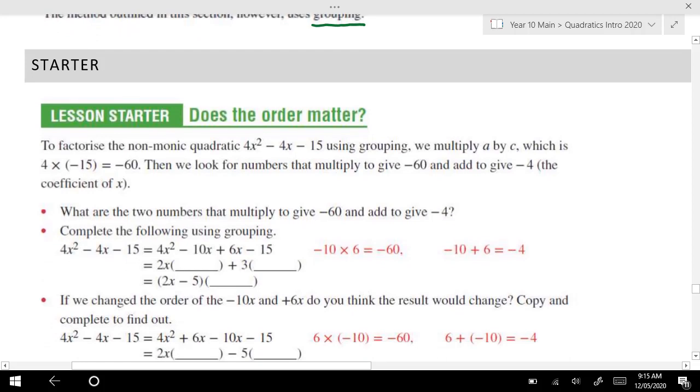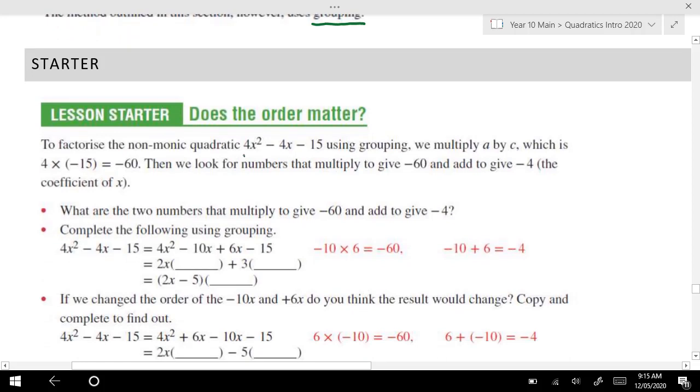Now, we've got this non-monic quadratic, which is 4x squared minus 4x minus 15. Similar to before, we needed two numbers to multiply to give a value. Well, we don't use that for non-monic, because what it actually is, is this thing times this thing, which is 4 times minus 15, which is minus 60.